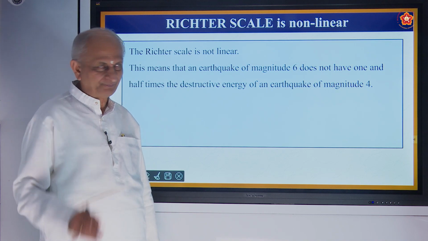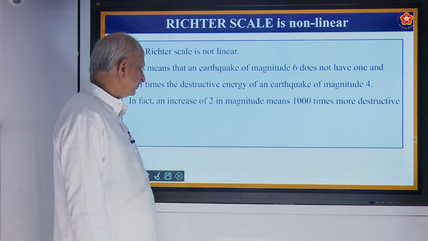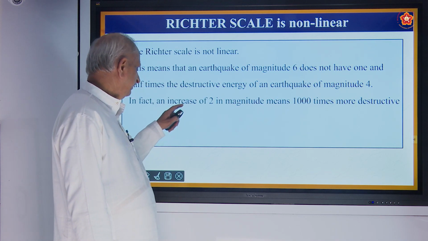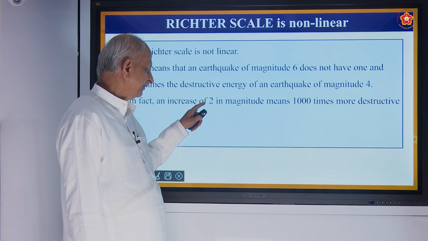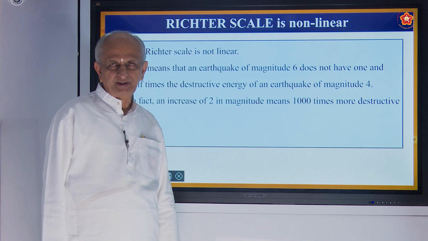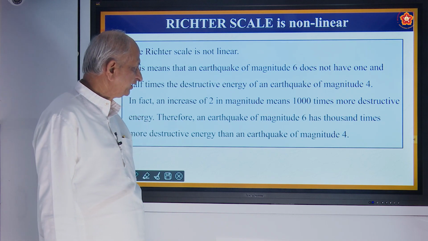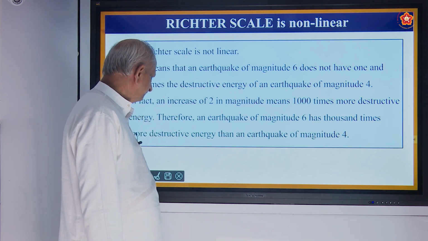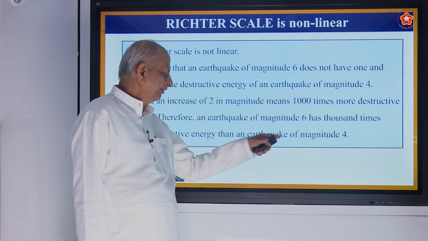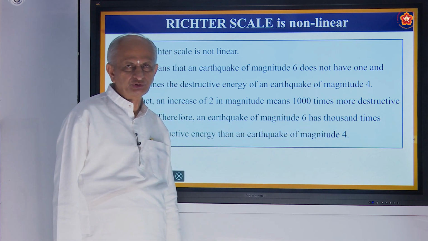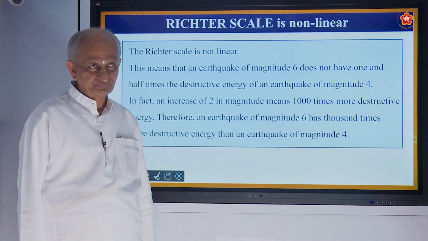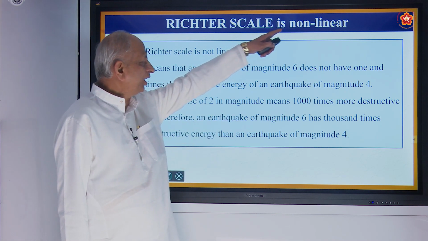But it is not so. In the case of the Richter scale, if you say the magnitude is 6, it means it is 1000 times more destructive than an earthquake of magnitude 4. So look at the change here. That's why it is called non-linear.